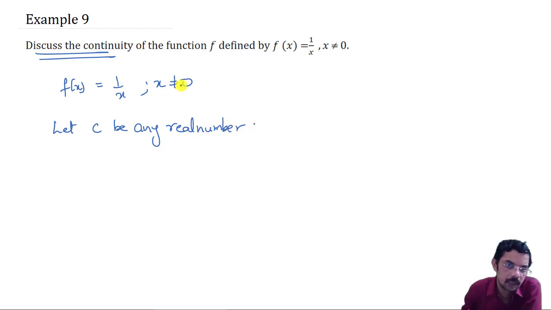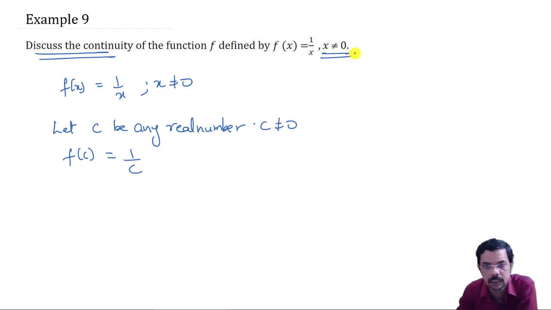Now what happens to f of c? f of c will be equal to 1 by c. Clearly c is not equal to 0, because c cannot be taken as 0. The point 0 does not belong to the domain of f.